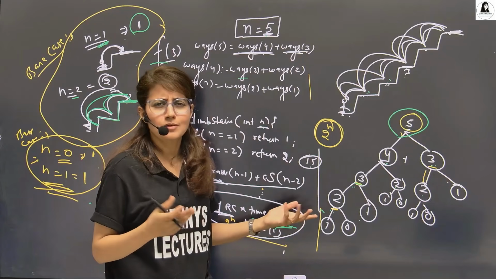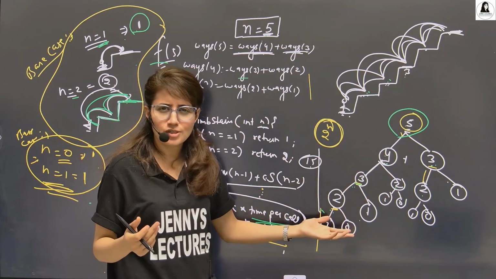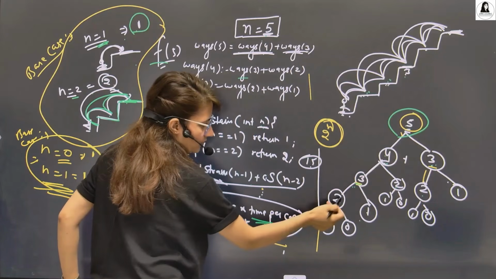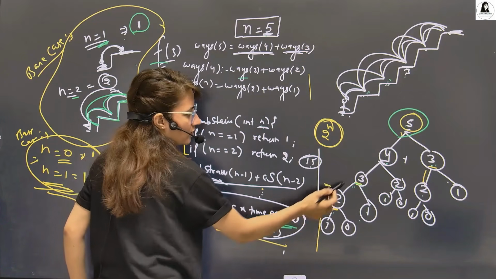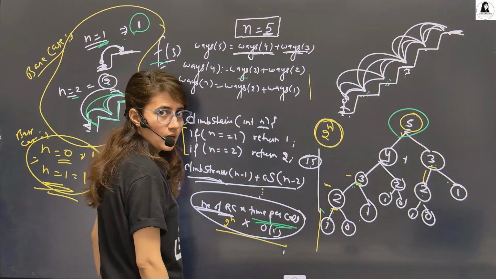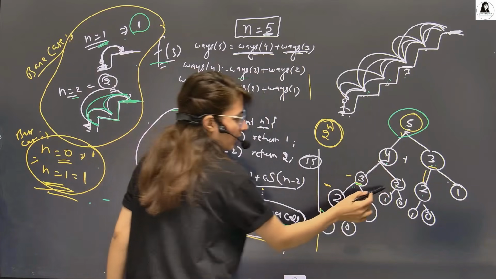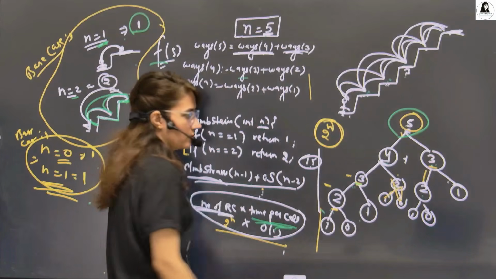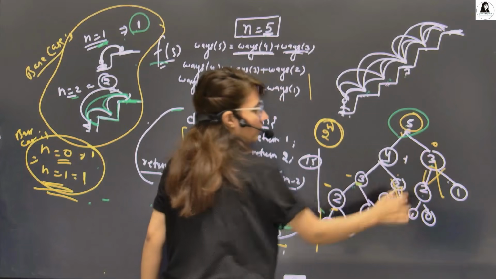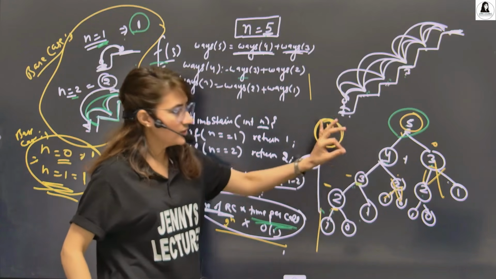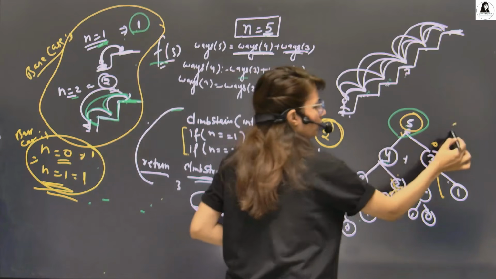How to optimize it? We know it's a normal Fibonacci series kind of thing. So whenever you are finding the number of ways like this, just store the result. And later, if you are using the same subproblem, rather than calling, use the same result. So the number of calls in that case will be order of n.